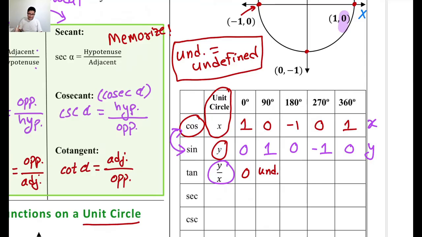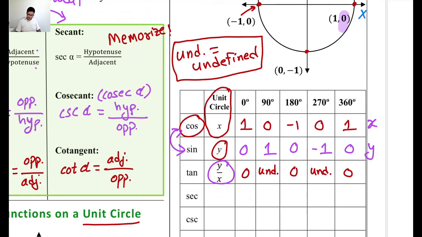We have that understanding in our mind. While writing in the table, we will write undefined. Okay, 1 divided by 0. And then again, next 0 divided by -1, 0, -1 divided by 0, undefined, and 0 divided by 1, 0.